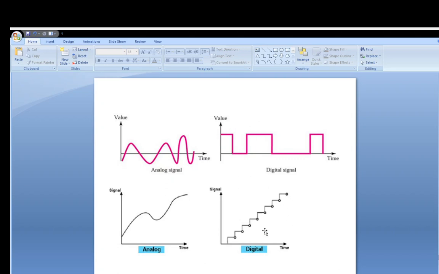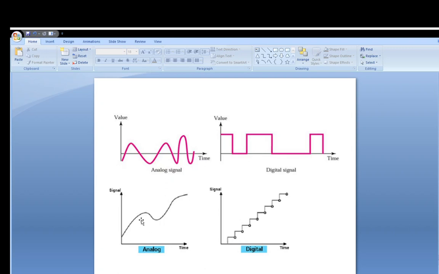Here we can see in this figure, there are some specific values possible. In this signal any value is possible. But in this figure, after the 0 level, the next level is suppose 1 and then the next level is suppose 2. Means value between 1 and 2 is not defined.